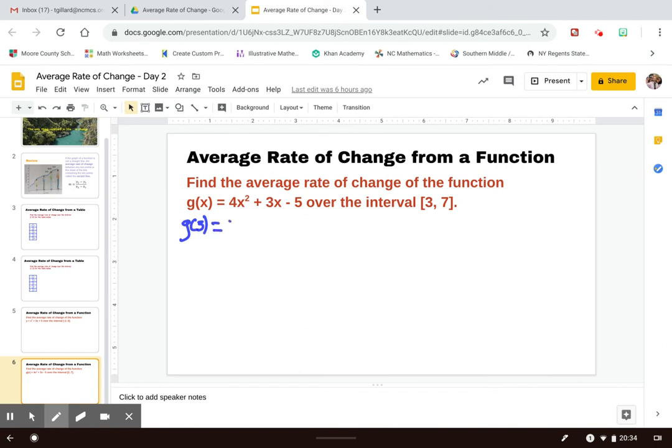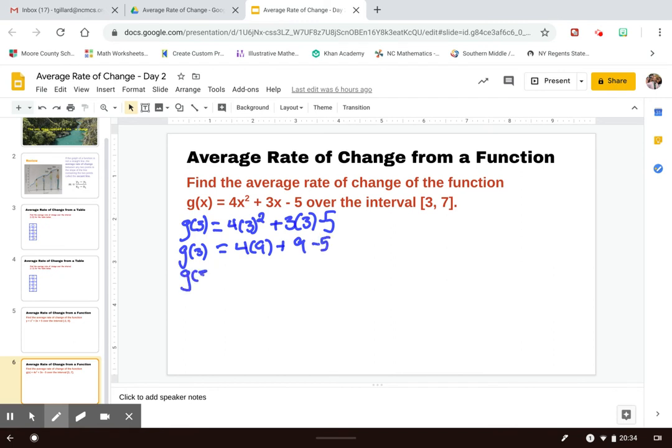So g of 3 equals 4 times 3 squared plus 3 times 3 minus 5. So the g of 3 is going to equal 4 times 9 plus 9 minus 5.